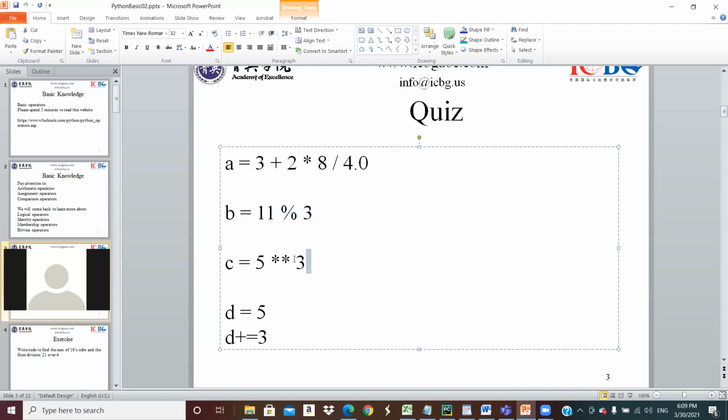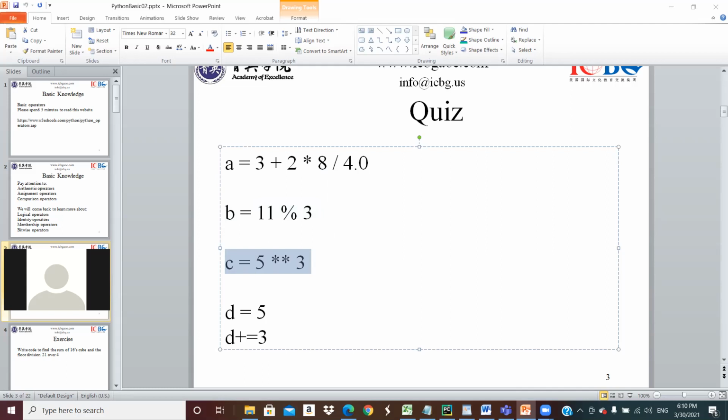All right, so can you tell me what C's value is? Put your answer in the chat window. I already put mine in the chat. Good, I got the right answer.